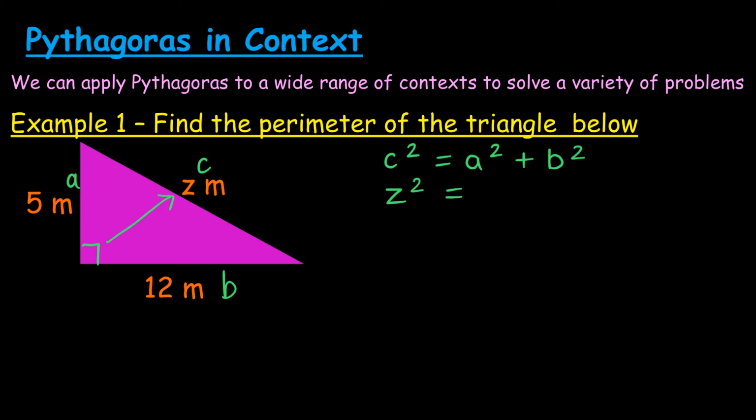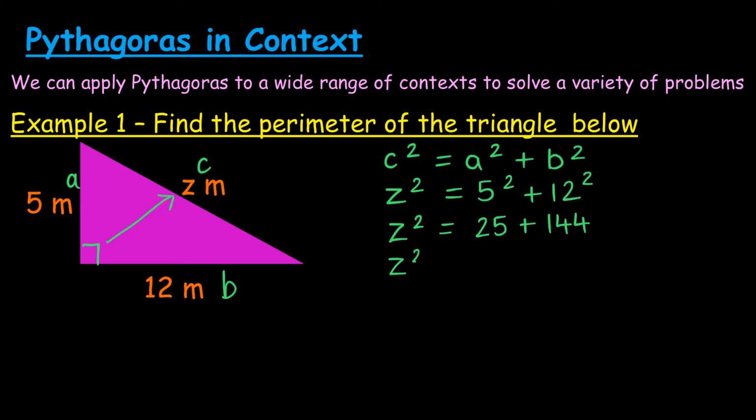For A and B, we've got 5 squared plus 12 squared. We could actually do this one without a calculator, because 5 squared is 25 and 12 squared is 144.